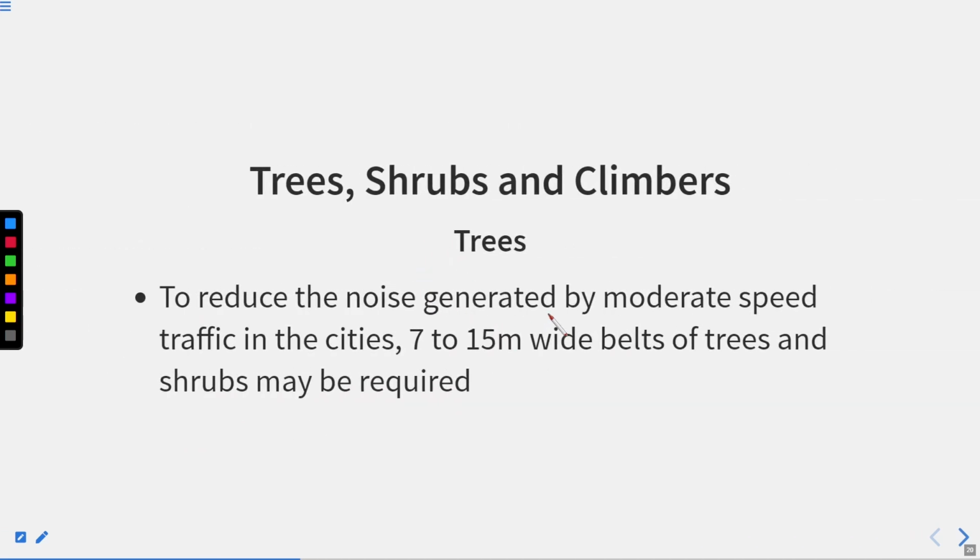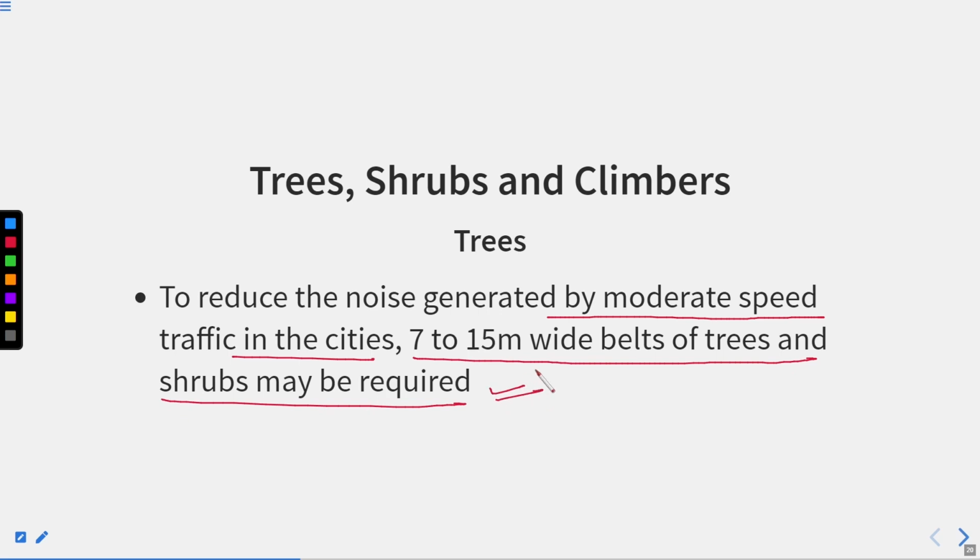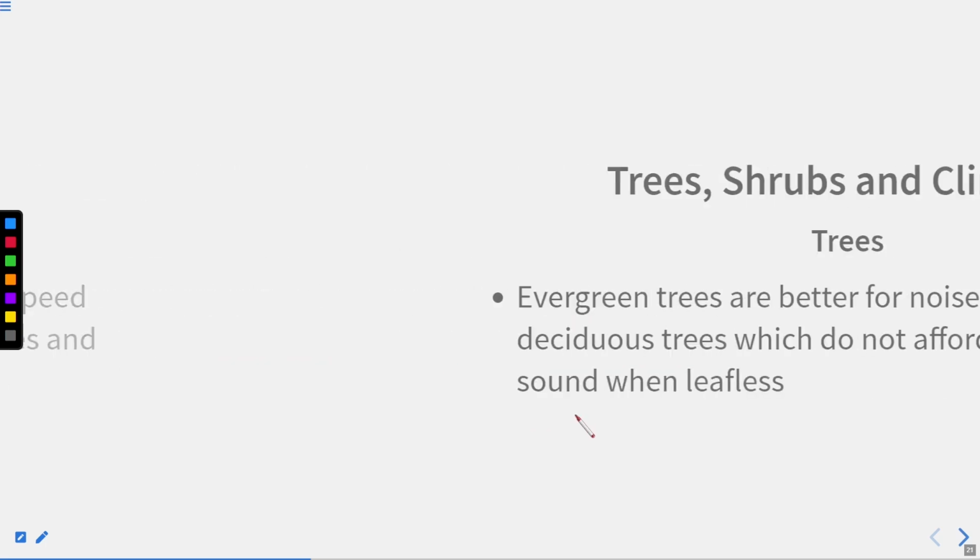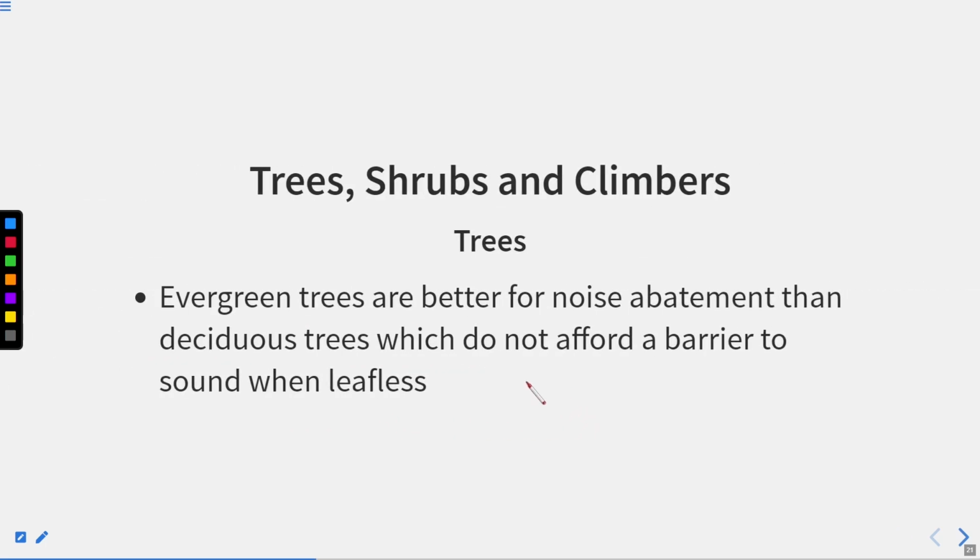To reduce the noise generated by the moderate speed traffic in the cities, 7 to 15 meter wide belts of trees and shrubs may be required. So that is for the highway. Now in the city, a 7 to 15 meter wide tree belt should be grown so that it can minimize the noise pollution as well as the air pollution.